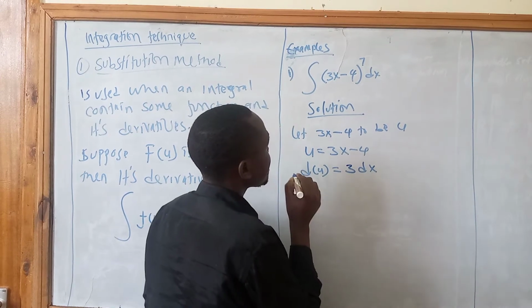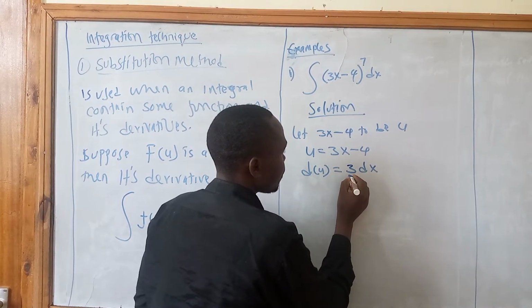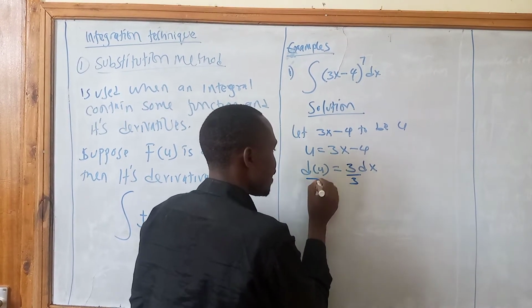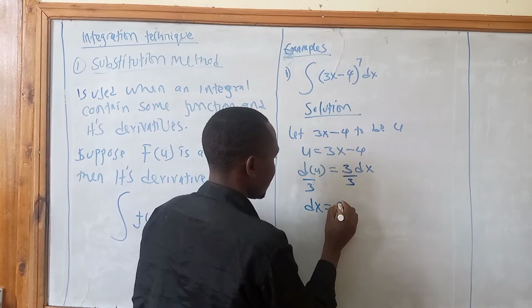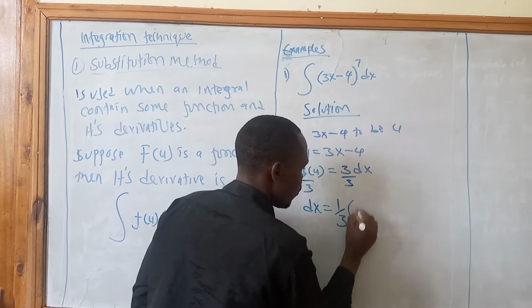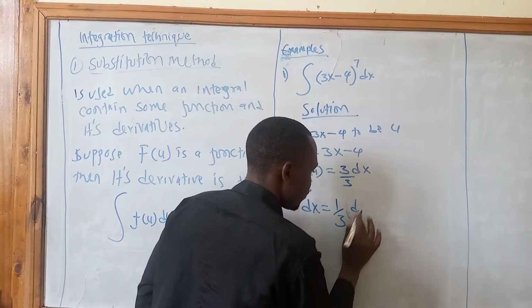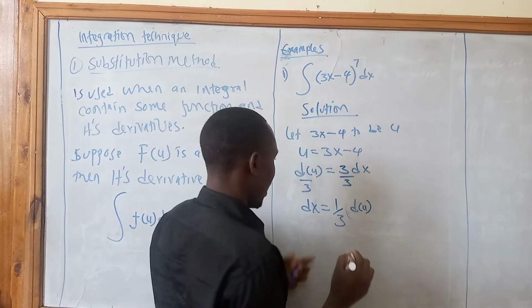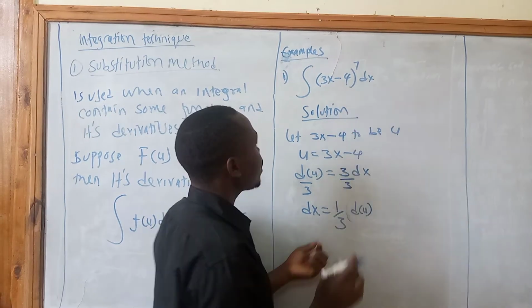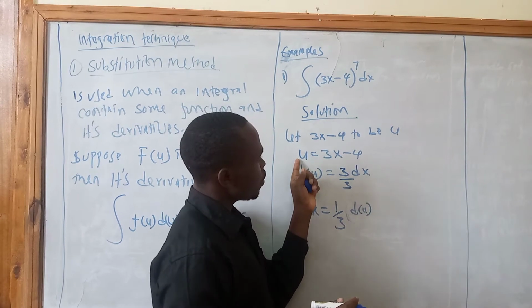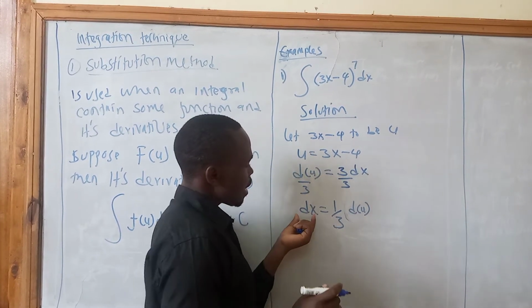Then I can divide here by 3, then I divide here by 3, meaning dx is the same as 1 over 3 of du.